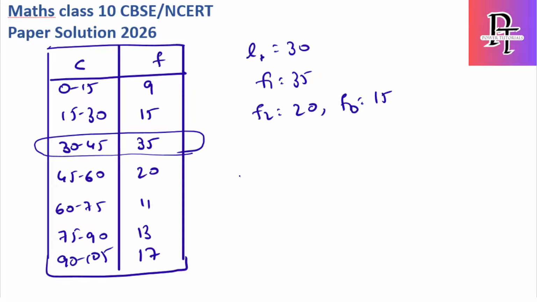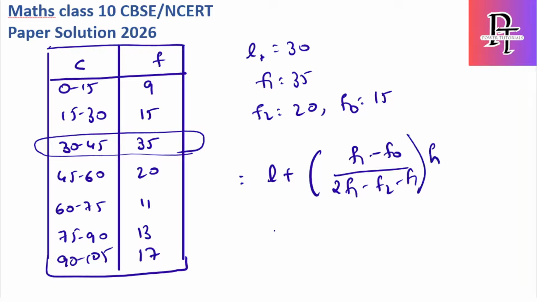So what is the formula for mode? L plus F1 minus F0 by 2F1 minus F2 minus F1 into h. Substitute the values. L value is 30 plus F1 minus F0, 35 minus 15 is 20, by 2F1 which is 70 minus F2 20, F1 35, into h value is 15.